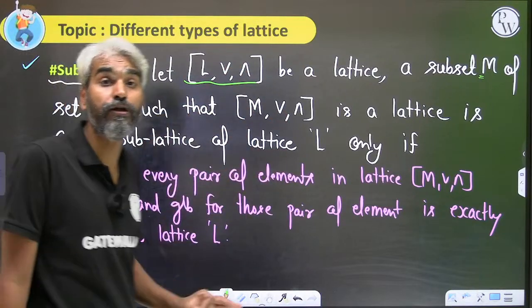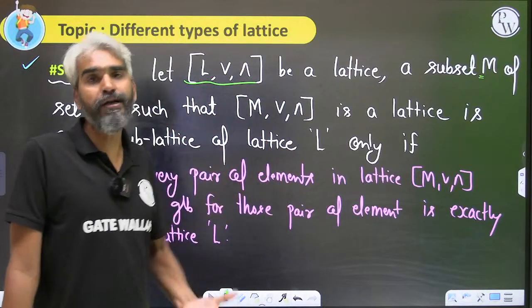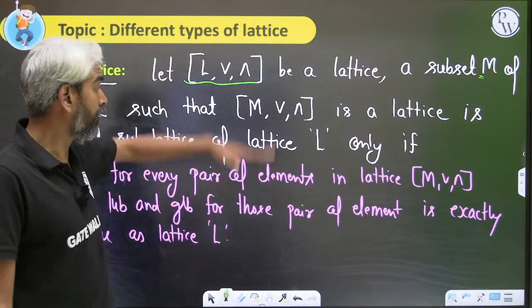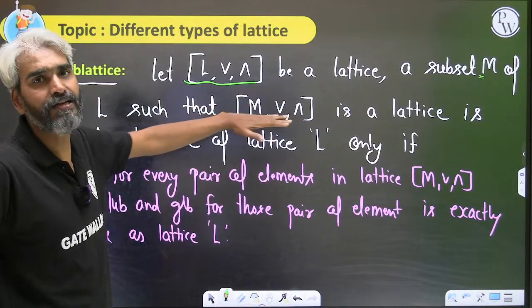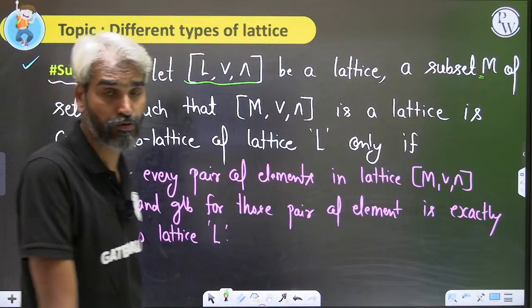That is, first of all, it should be a lattice. If it is not a lattice, then there is no point of becoming a sublattice. So first of all, subset M should be a lattice with respect to the same definition of least upper bound and greatest lower bound.